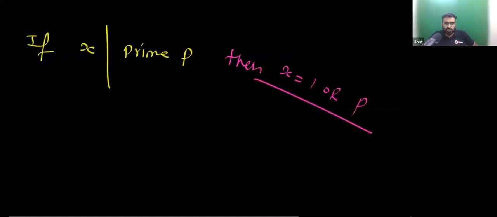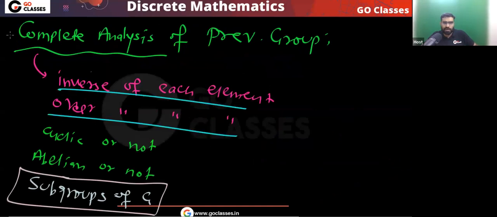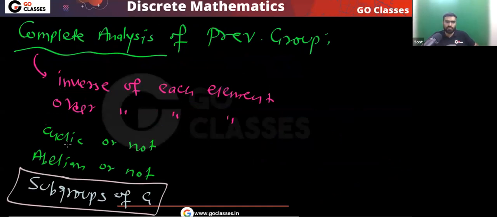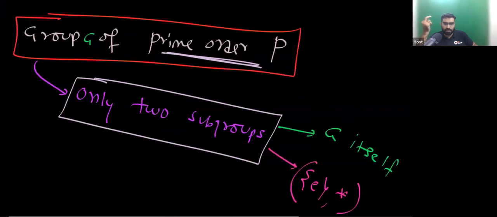Anyway, like this, you can do some analysis. For this question, you can find the order and all these things. One more interesting thing: what can you say about the order of any element if you have a group of prime order P?